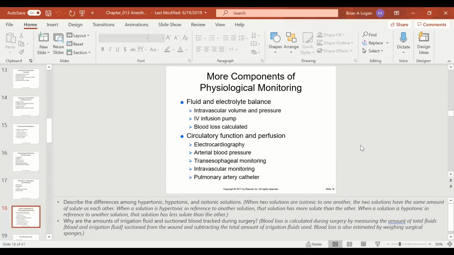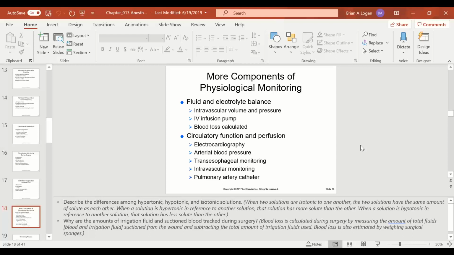You can do kind of like ultrasounds with a little probe there that's actually monitoring the heart through the esophagus. You can have pumps and monitors inside the vascular system monitoring the heart, like the pulmonary artery catheters and things like that.